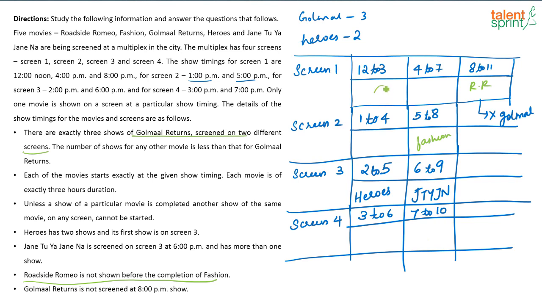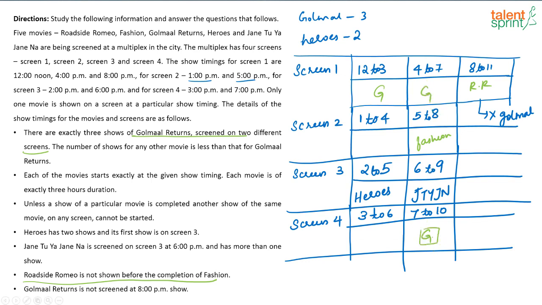Golmaal Returns. So either it has to be G, G, G here, or it can be G, G, this one. Whatever be the case, this G is getting filled anyways, right? Either Golmaal Returns comes in these 3 places, or these 3 places.